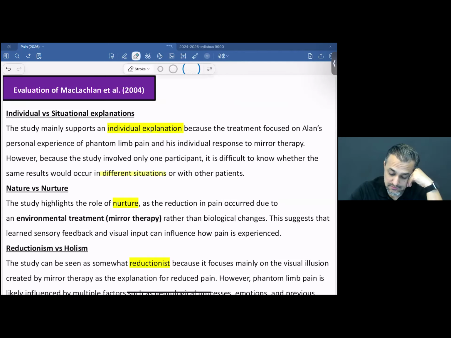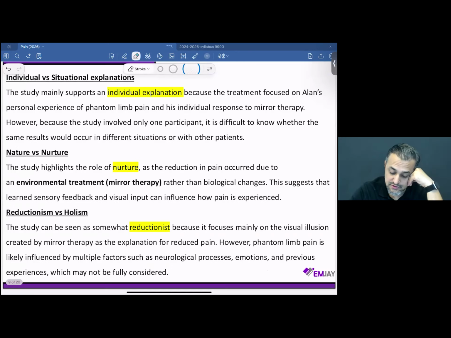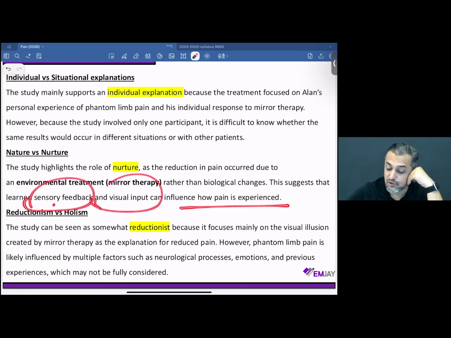Another way that you could use is the nature versus nurture debate. The study highlights the role of nurture as a reduction in pain occurred due to an environmental treatment, or mirror therapy, rather than biological changes. This suggests that learned sensory feedback and visual input can influence how pain is experienced.